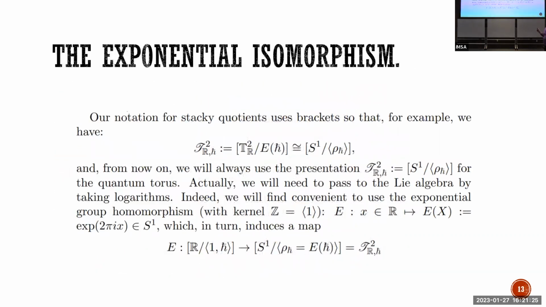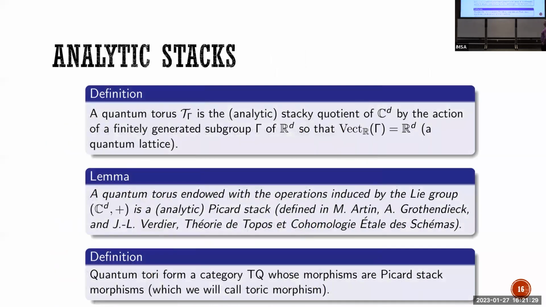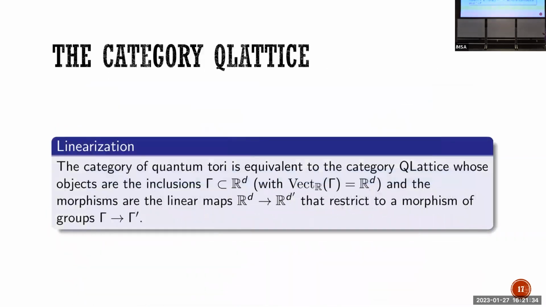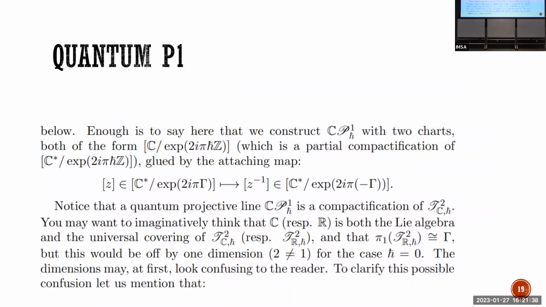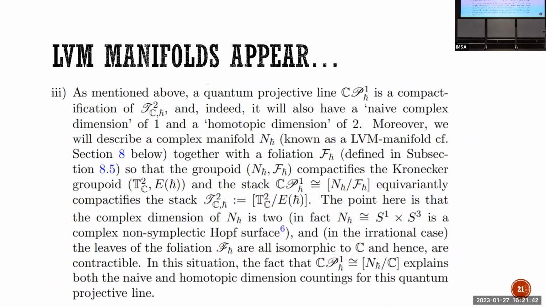And I'm just doing the example of P1 H bar. So in the case of P1 H bar, we have this Hopf surface compactifying the C star cross C star. And this Hopf surface has these two very different behaviors.